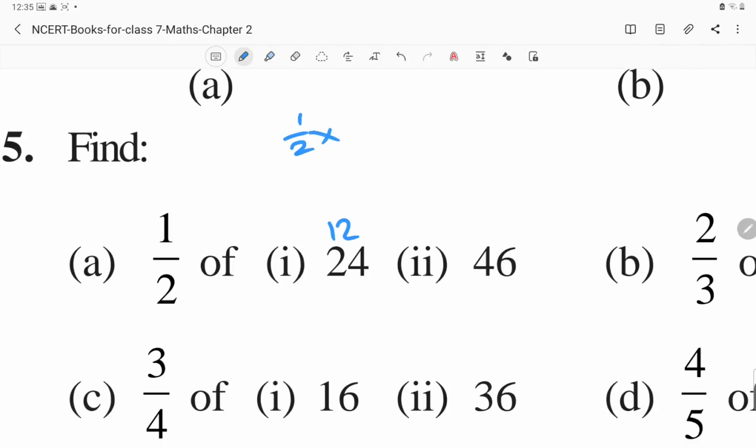Half times 46 by 1, so 46 by 2, which equals 24 by 1, which equals 24. Not 24, sorry, 23.